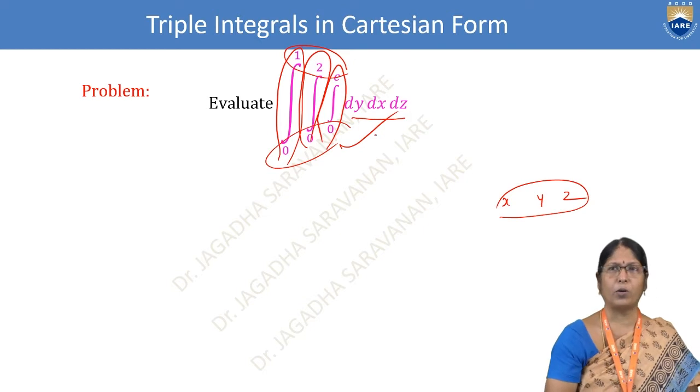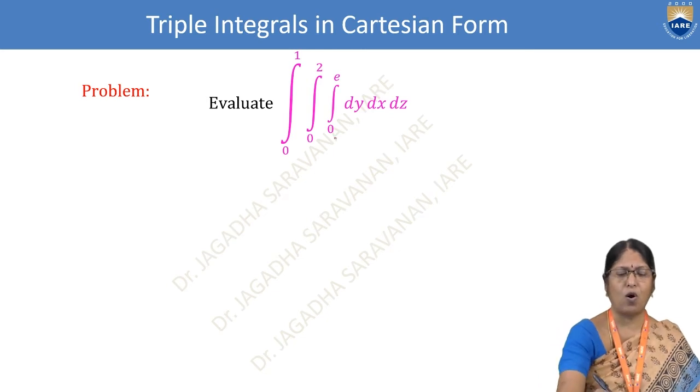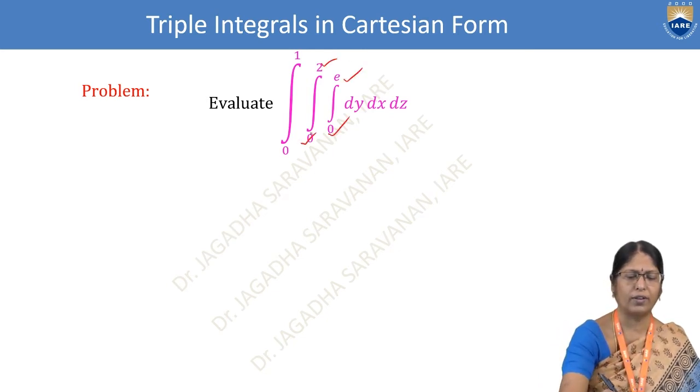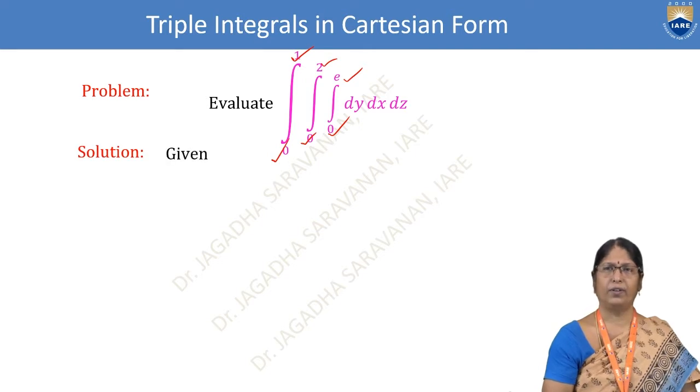In this particular problem, we don't have any confusion because the 6 are constants. Very easy problem. Now, we will focus on the solution.